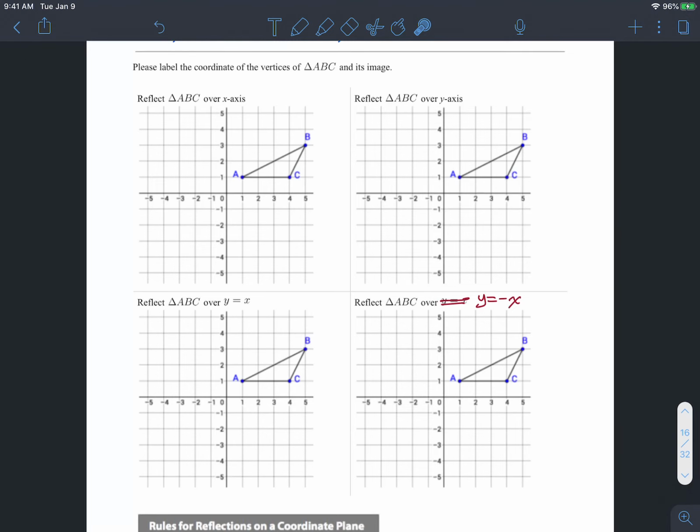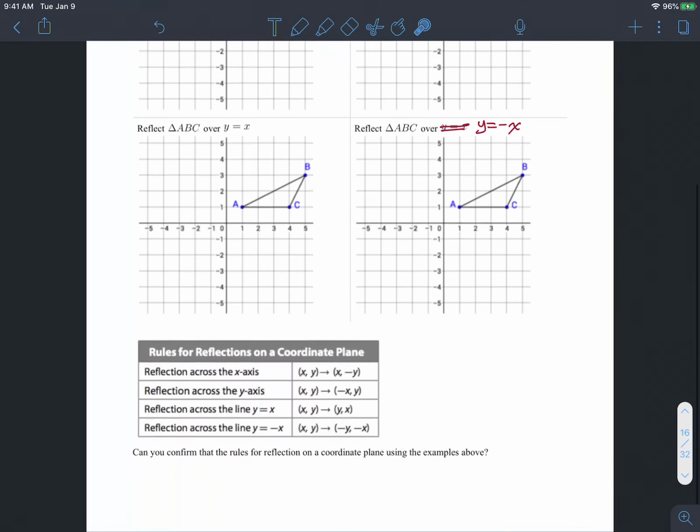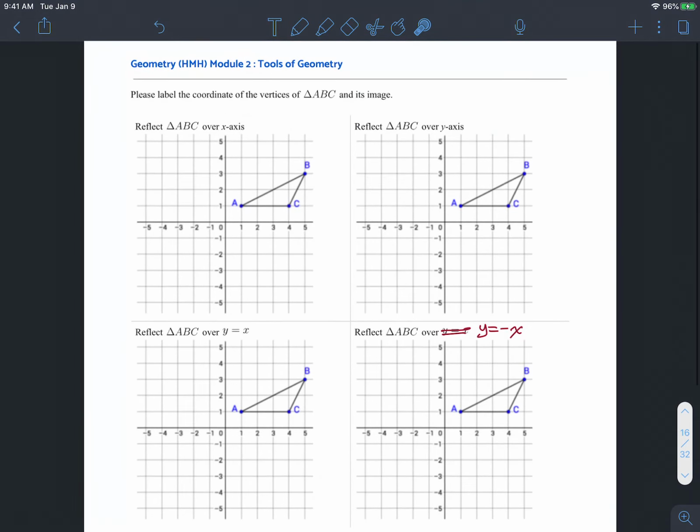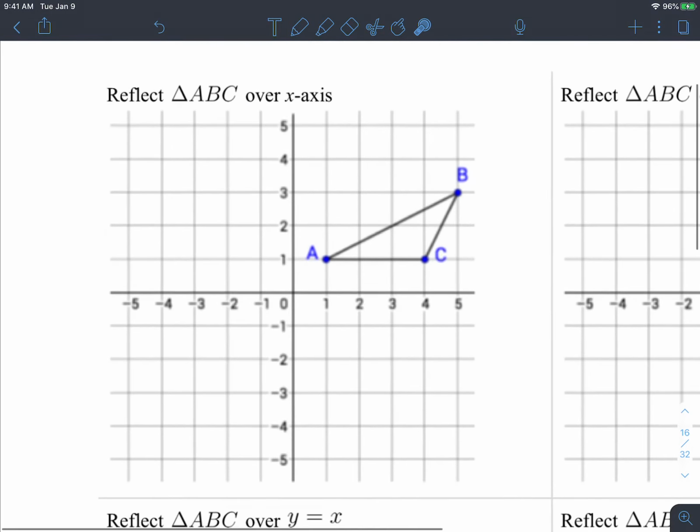Okay. Some of you guys probably noticed this note over here, right? We noticed that these are the rules, but it's okay to memorize them, but I don't think you really need to, because it will kind of make sense to you, okay? All right, let's examine them one at a time.